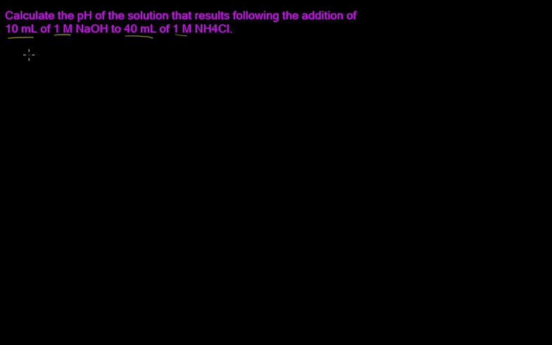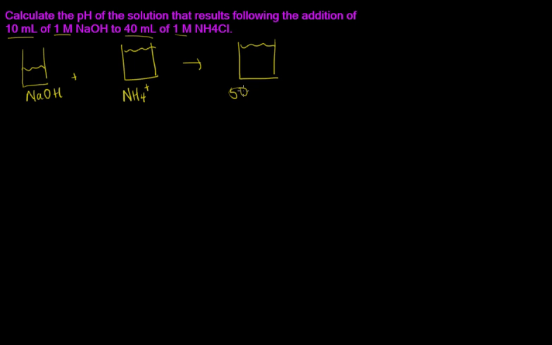So what we're doing here is we've got 10 mL of sodium hydroxide plus 40 mL of NH4 plus, and so we're making a final solution of 50 mL.